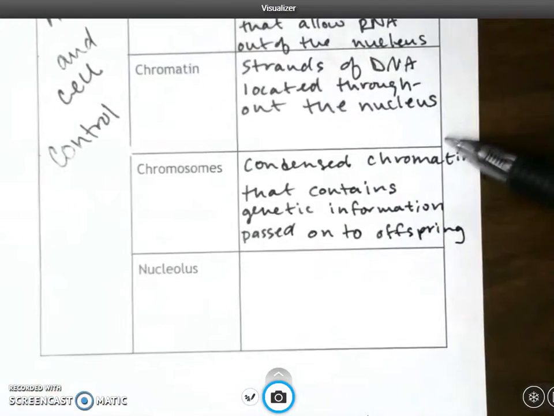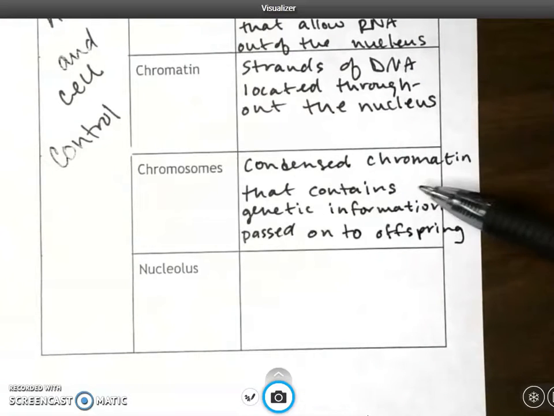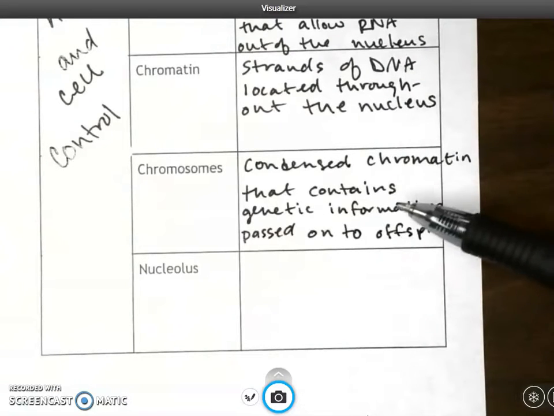The chromatin contains that genetic information as well, but in the form of a chromosome, it's coiled up really tight so that it's easier to move around.